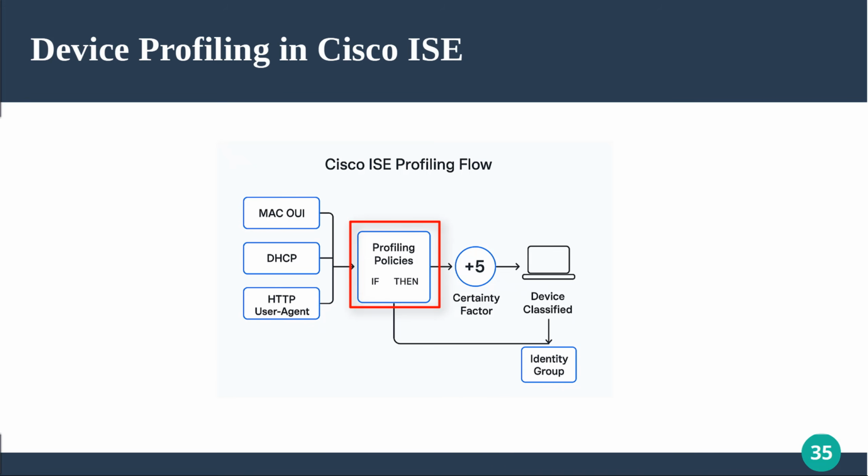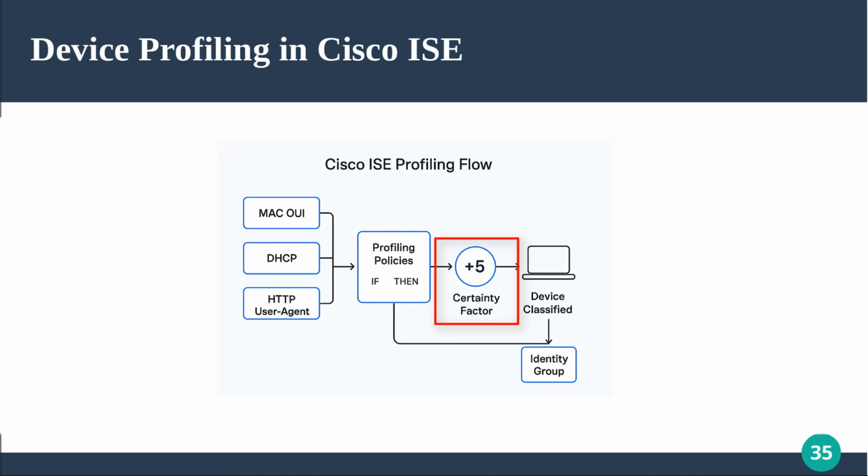And these policies run continuously and can upgrade or refine a device's profile over time as more data is learned. The resulting profile is then used in authorization policies to decide what level of access the device should receive. It uses a certainty factor, and if that value is met, it is confident that the device is classified correctly and classifies the device, which will make more sense in the demo.